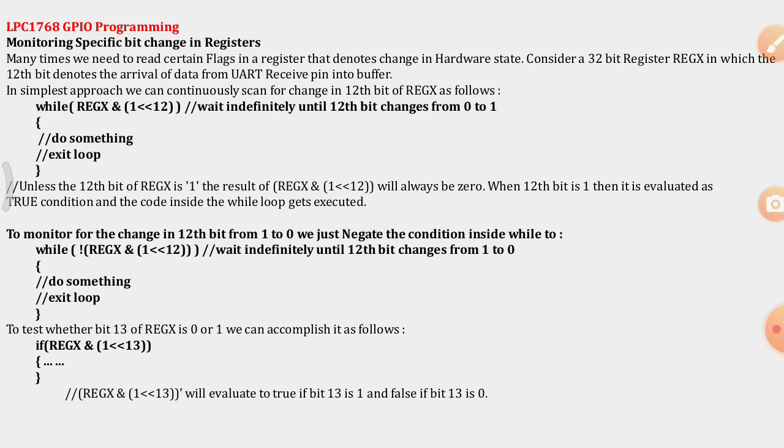So here we have not used a NOT gate, that is why if regex and 1 shifted to the left 13 times, we are checking the 13th bit here. So this condition is going to be true whenever the 13th bit is 1, and then this if condition is going to be executed.